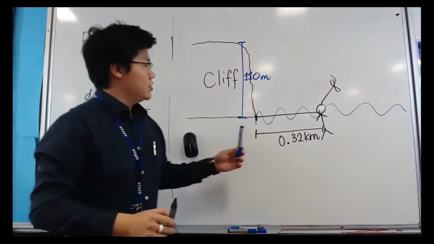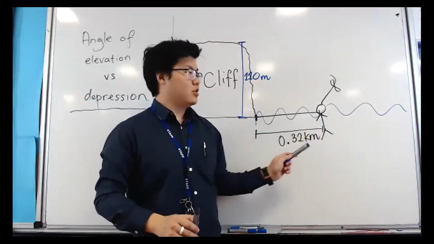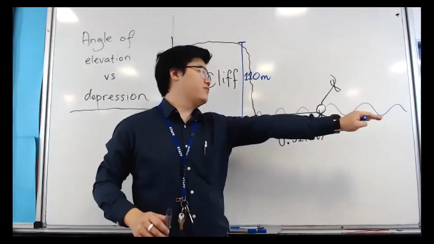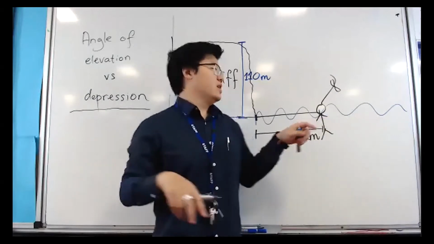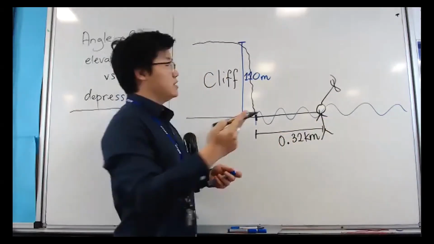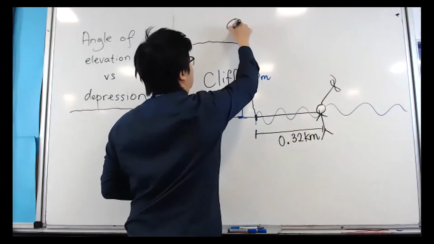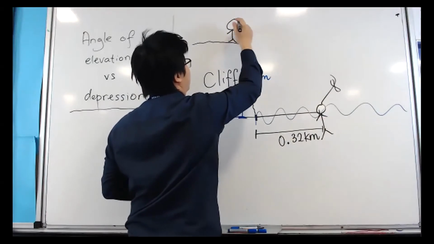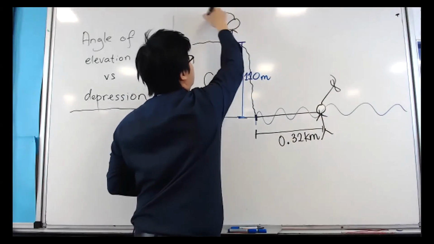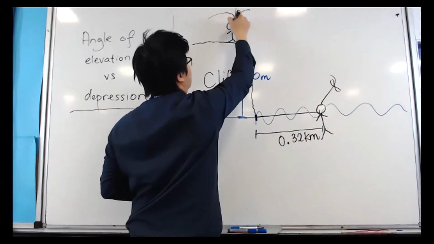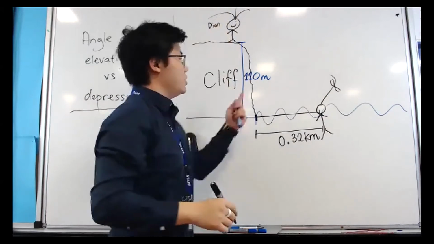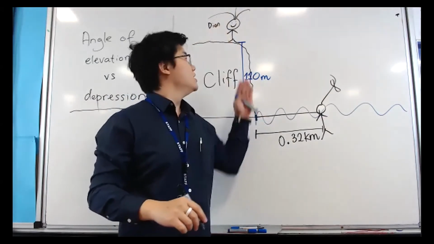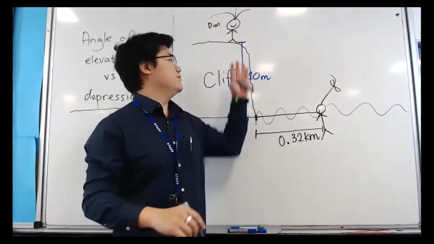Okay, so Denise is 0.32 kilometers out from the cliff. So she's in the ocean swimming. And Dion was right there. Dion is 110 meters on top of the cliff.